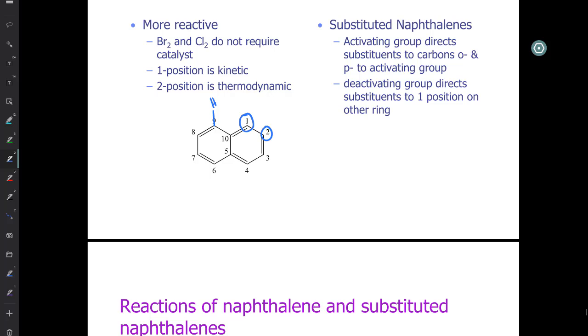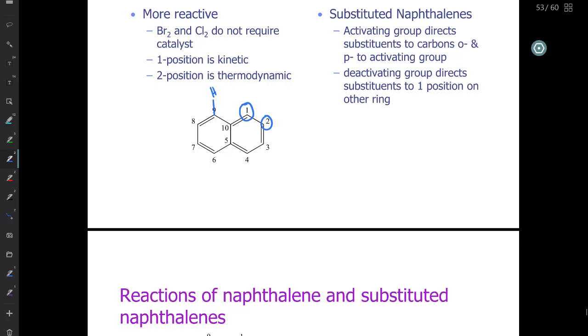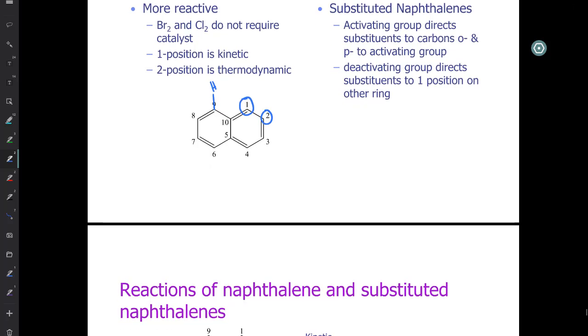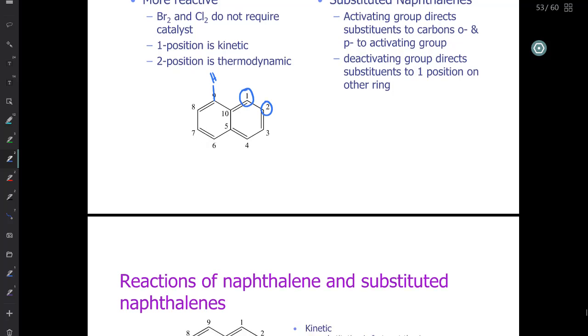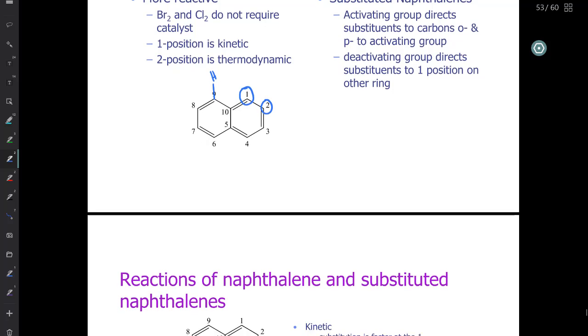Okay? All right. So let's say you put an activating substituent on a ring. The second substituent will tend to go on the same ring. If you put a deactivating substituent on the ring, then what tends to happen is the second substituent will get added to the second ring, the other ring.